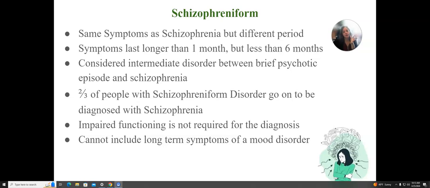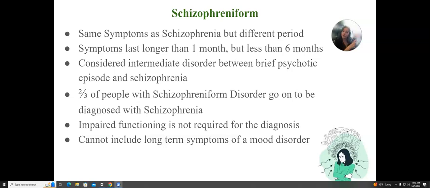So about 2/3 of the people who have schizophreniform disorder move on to be diagnosed. Those symptoms persist for 6 months or more, such that they now can meet a schizophrenia diagnosis. And only about 1/3 subside after that, somewhere between the 1 and 6 months they get better.